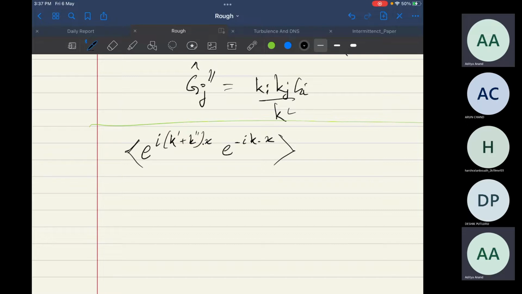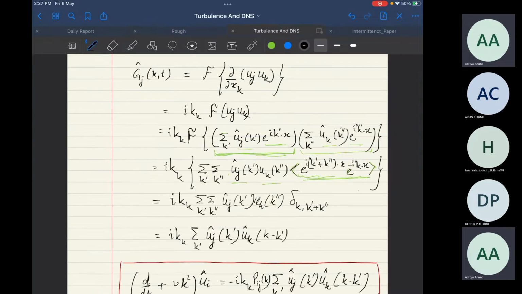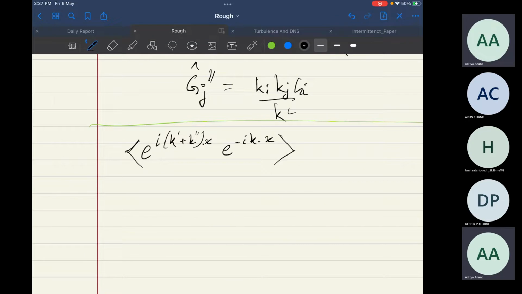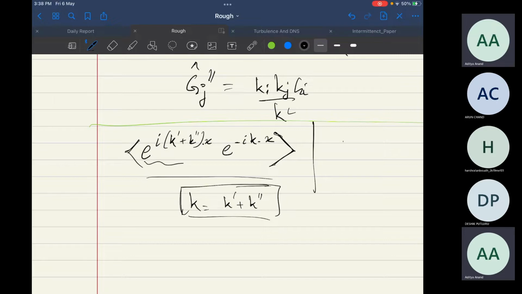Now, if you remember, this term will survive only when your k is equal to k prime plus k double prime, because these waves are orthogonal to each other.